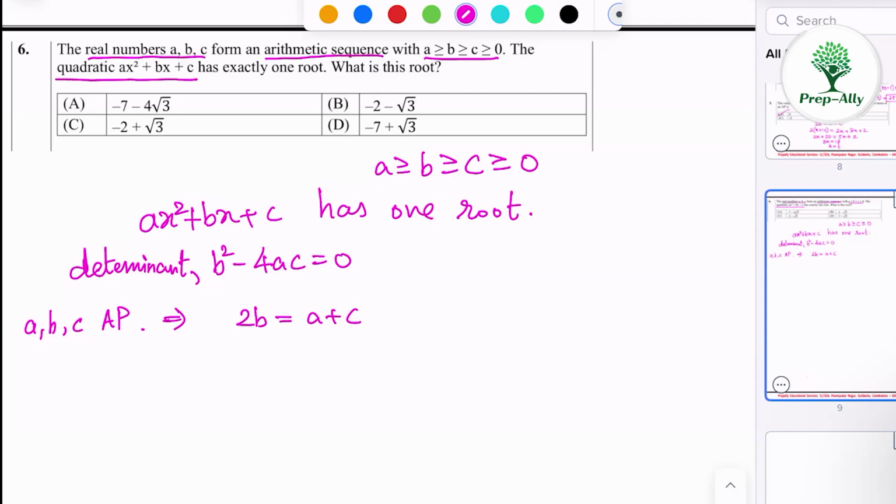Now what are we asked? We're asked what is this one root of ax square plus bx plus c. If a quadratic has exactly one root, the root is x equal to minus b by 2a. From here we have b equals a plus c by 2.